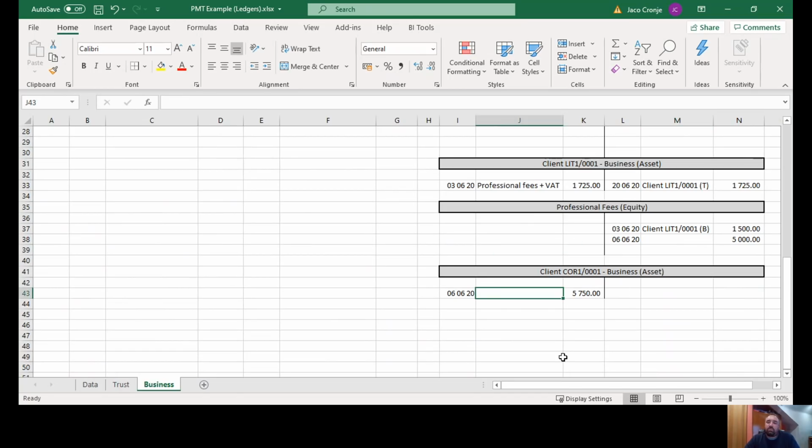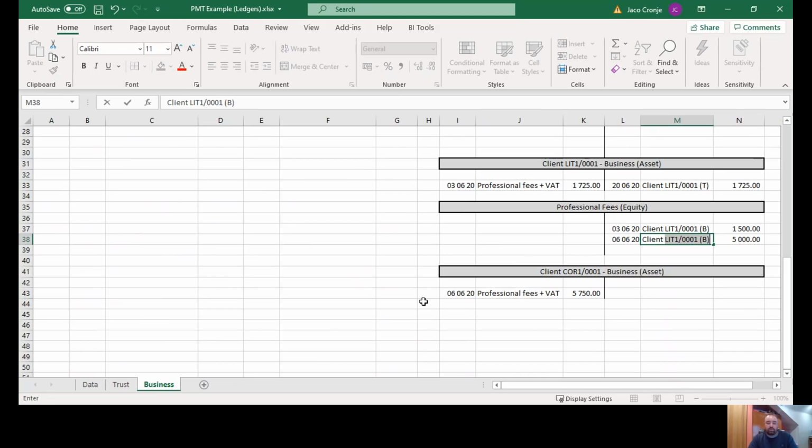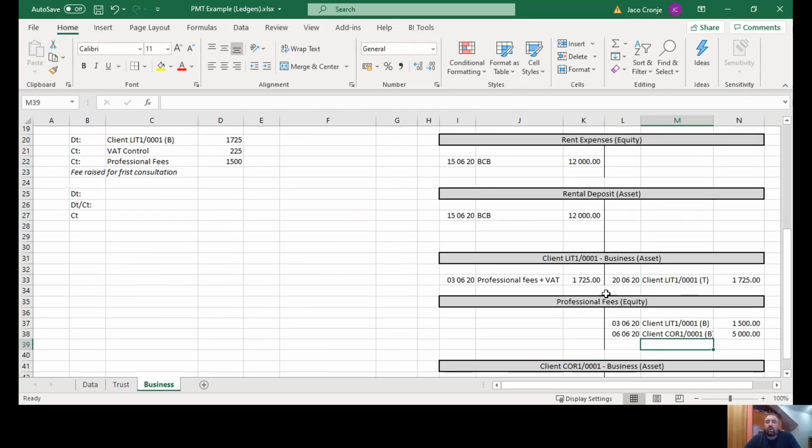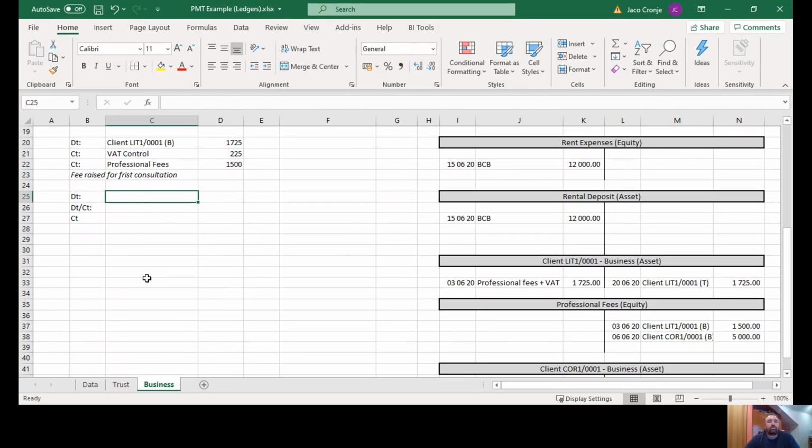Right, and there my description will again be the same. It's exactly the same. It's a copy and paste of that first fee that we did. But in this case, it's going to be client COR11 business. Right. And now I can go and write my journal in here. So what did we debit? We debited client COR11 business with 5750.